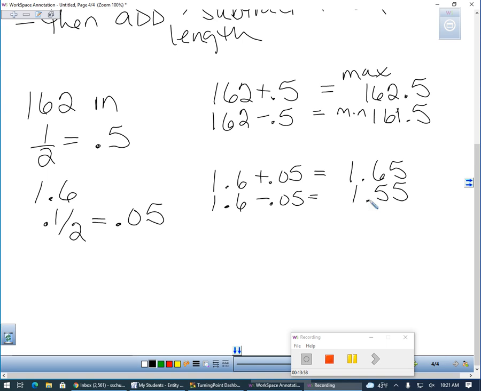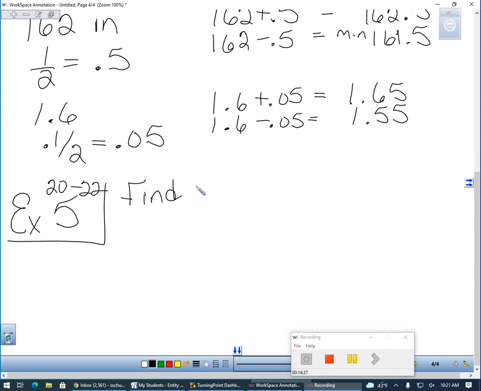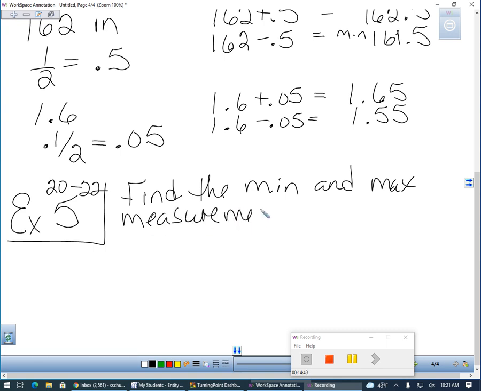Oh, just a minute. All right, so we're on example number 5. And this will cover 20 through 22. All right, Emma? Okay. All right. So it's going to ask you to find the minimum and maximum measurement given the following.